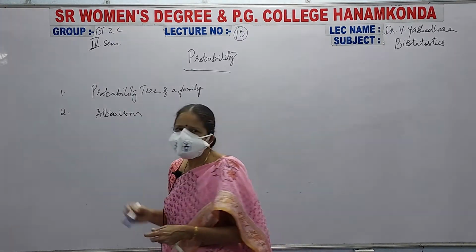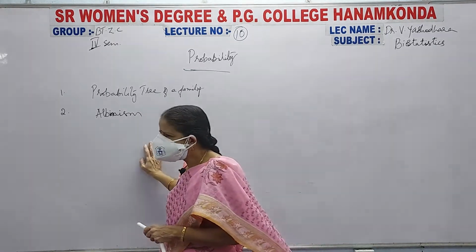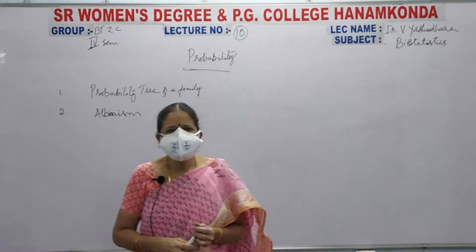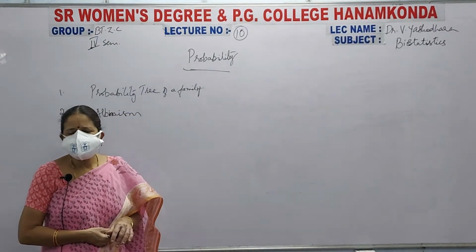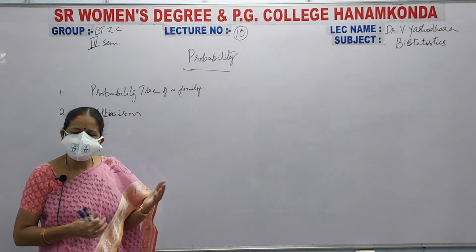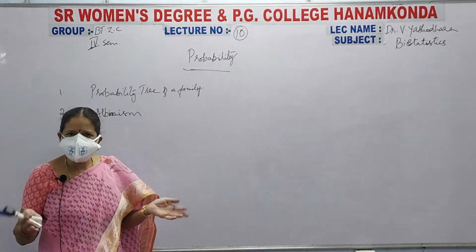Albino means white in complexion. In albinism, the melanin pigment formation pathway is affected: the enzymes useful in the production of melanin pigment in the body are not synthesized.